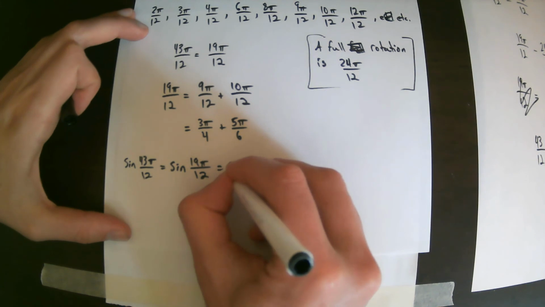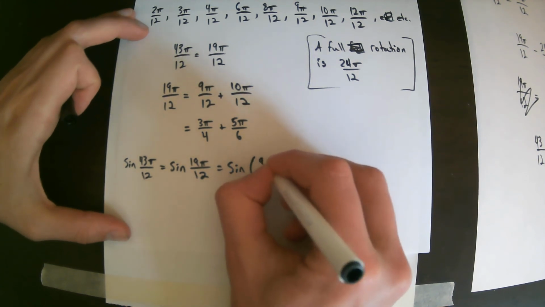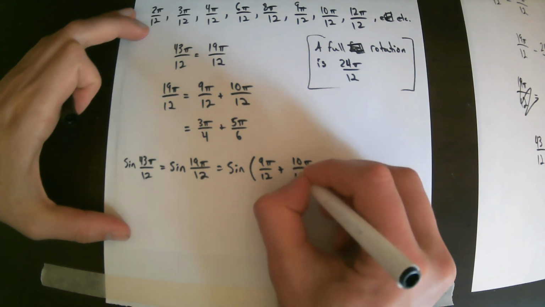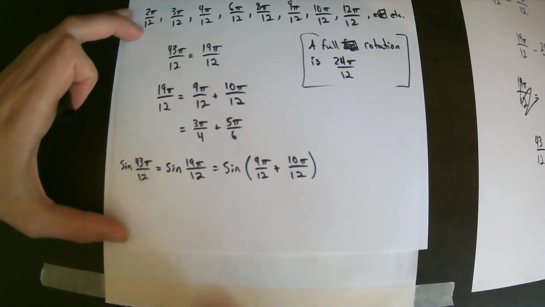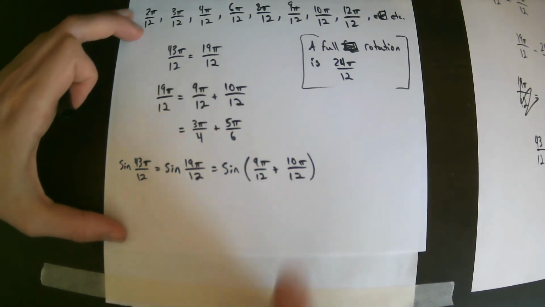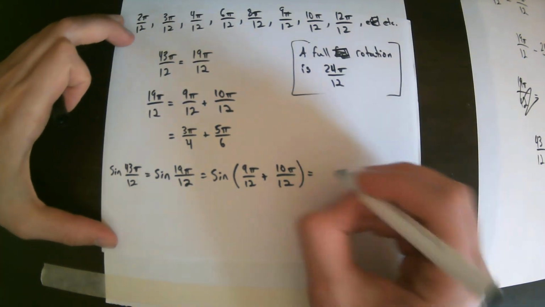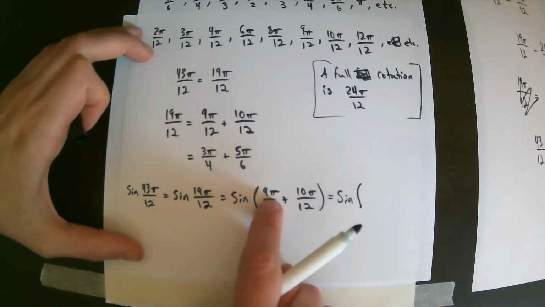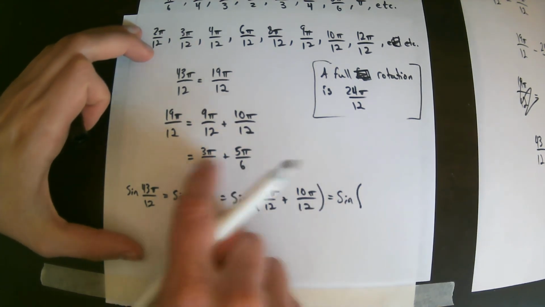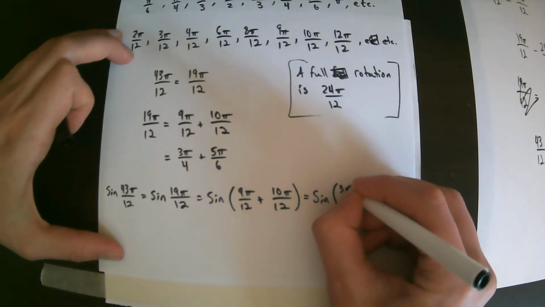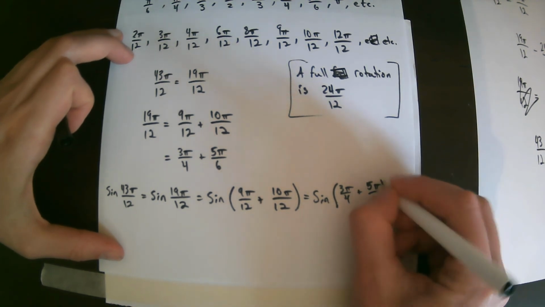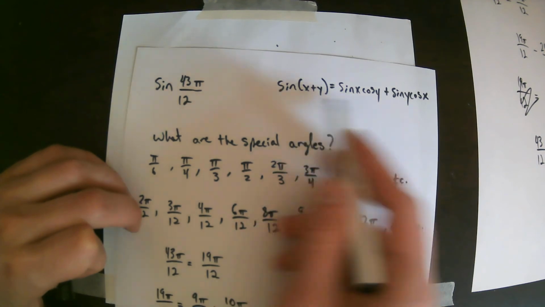Then this is equal to sine of 9 pi over 12 plus 10 pi over 12, just splitting 19 as 9 plus 10. That is the same as sine of, simplifying these fractions so that you can recognize these special angles, 3 pi on 4 plus 5 pi on 6. Now you're ready to use this formula.